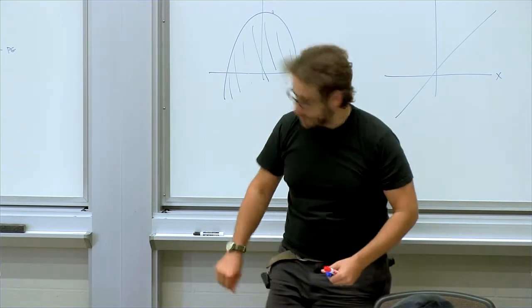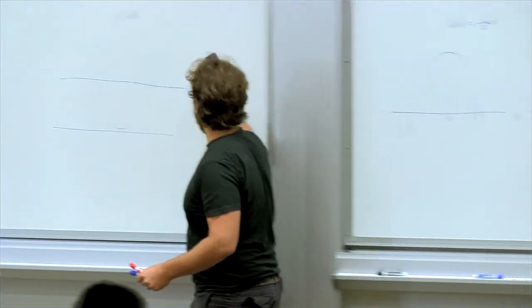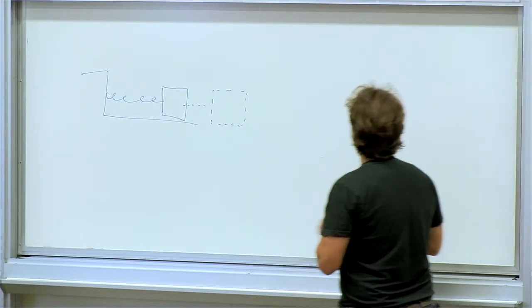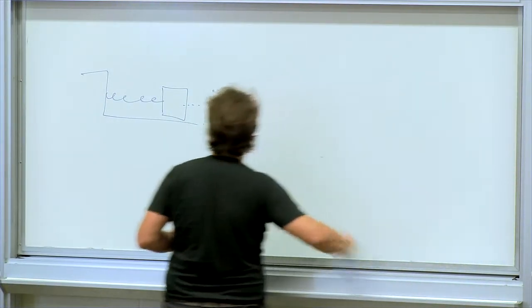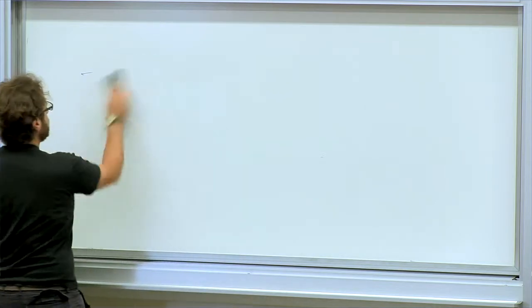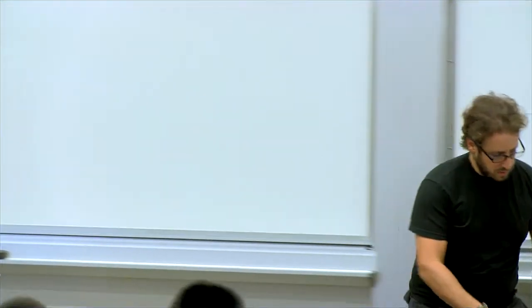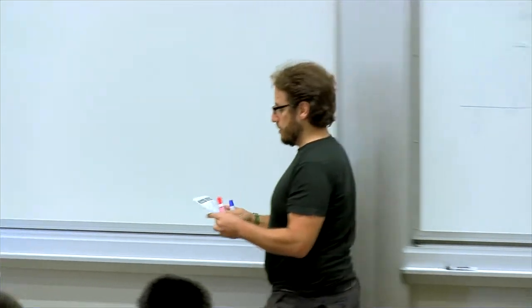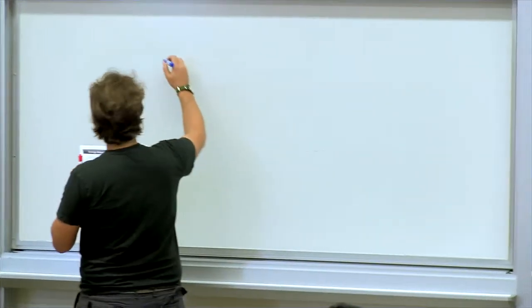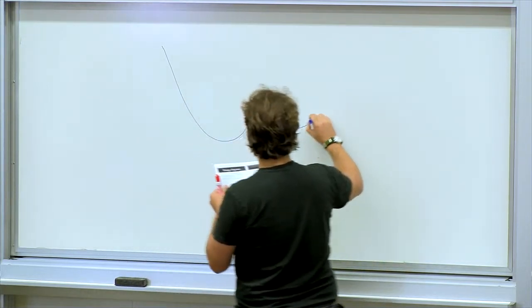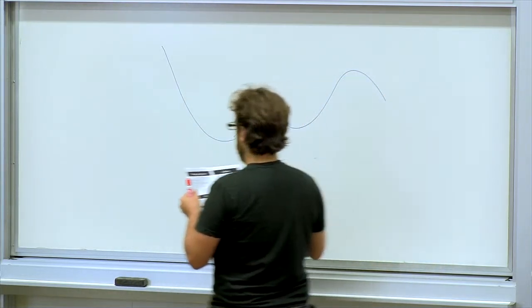And so, for example, say you had a complicated potential. You had a complicated potential that looked like it comes down, comes up, comes down again, comes up, and then whoop.